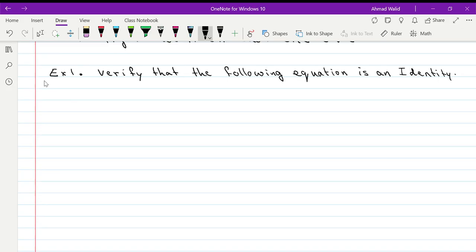What is the equation that's given to you? Cotangent plus 1 equals cosecant theta. Sorry, this is also cotangent of theta, not just cotangent. Cotangent doesn't give you any meaning, right? Cotangent theta plus 1 equals cosecant theta times cosine theta plus sine theta.